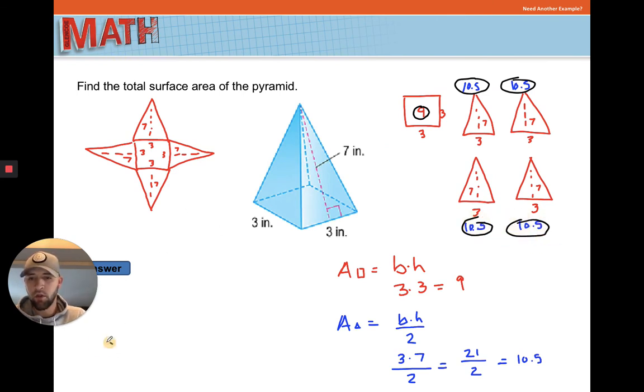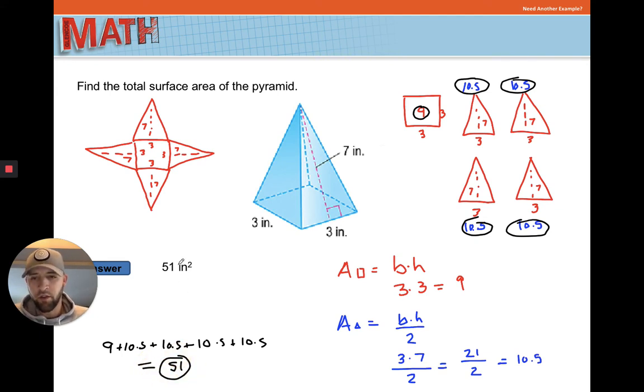So it's going to look like this: 9 plus 10.5 plus 10.5 plus 10.5 plus 10.5. When I do that, I should get an answer of 51. And hopefully you're throwing in that inches squared because we are still talking about area.